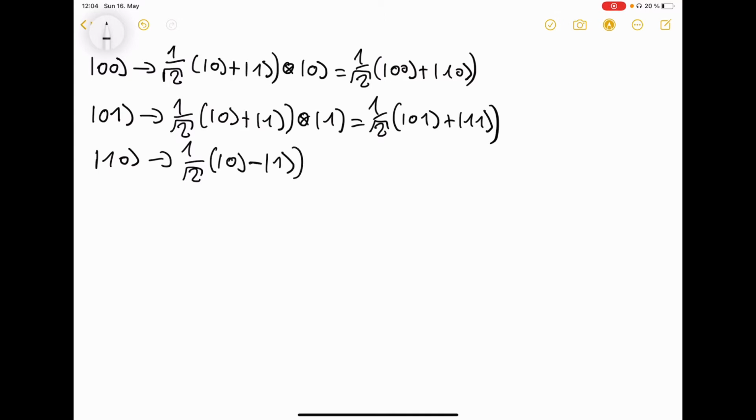So again, a superposition on the first qubit, producing the final result 1 over the square root of 2, |00⟩ minus |10⟩.